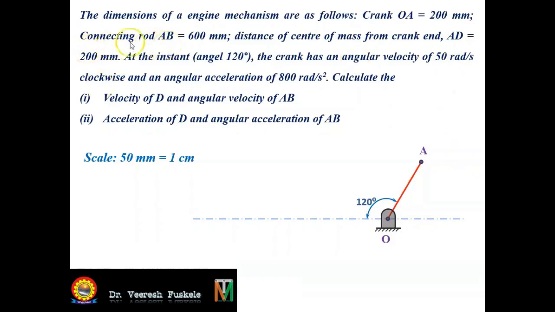Next, we need to draw the connecting rod AB. The point B will lie on this central line. So we take up a distance of 600 mm according to the scale selected on the compass, and we'll cut the distance on this central line to get B, as shown as follows.